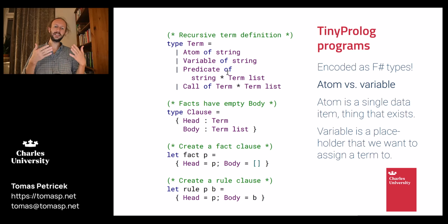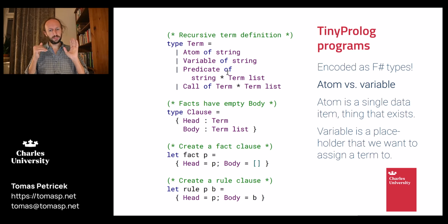Predicate then has a string, the first string, that's the name of the predicate, and that's followed by a term list. And the special thing with the call is that this is calling a predicate that's defined by a term rather than a string.